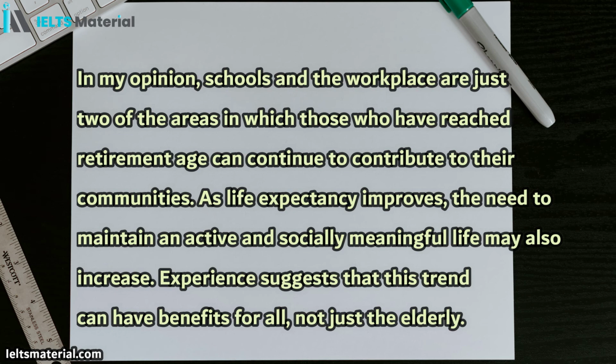Experience suggests that this trend can have benefits for all, not just the elderly. So as you can see, this is making a great final point and a little bit of a prediction and why it's useful. This is a great example of a conclusion, but remember, if this has already been stated in your body paragraphs, this is not necessary.